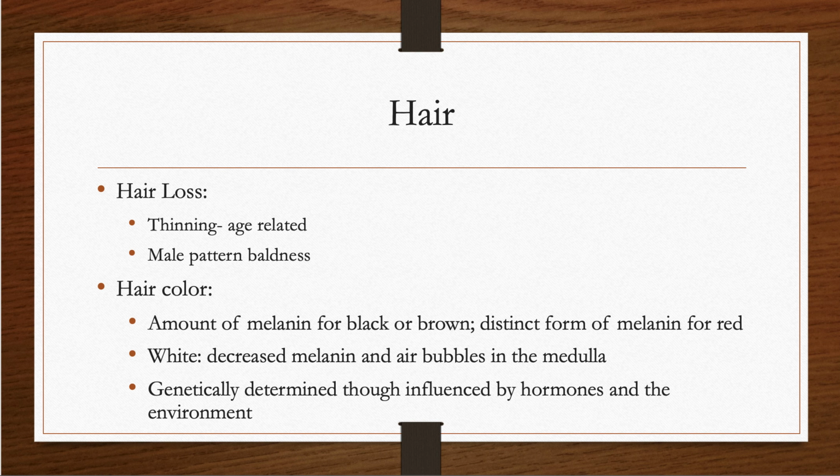It can be decreased melanin and air bubbles throughout the medulla of the hair. So through the center of the hair, we have air bubbles. Your hair color is genetically determined, but it can be influenced by hormones and the environment.